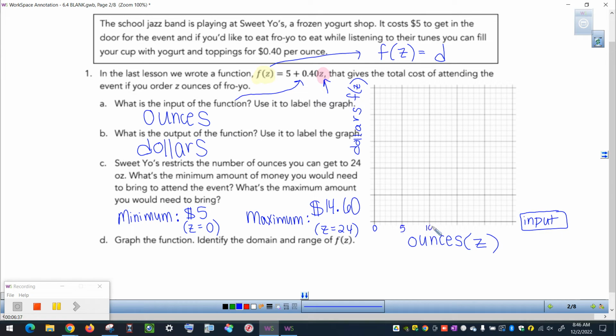I'm just going to label counting up by 5, but each little square is going to represent 1 unit, and we don't necessarily have to label them all, especially if it's a small space and it's hard to fit all of those numbers in. This still gives us some checkpoints. And then I'm going to do the same thing for dollars, having each square represent $1.